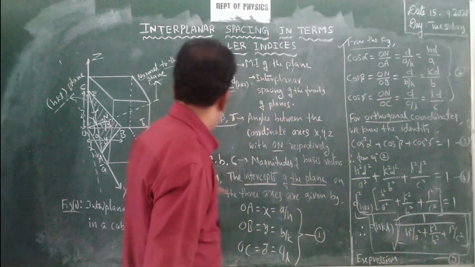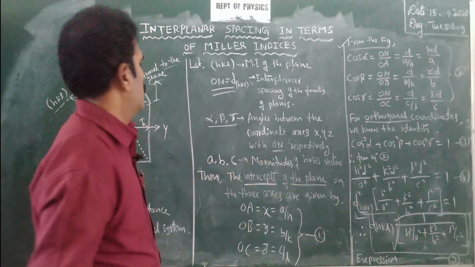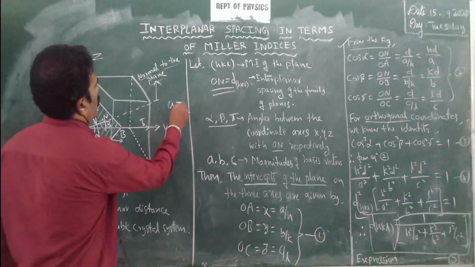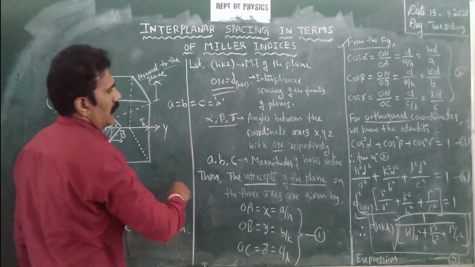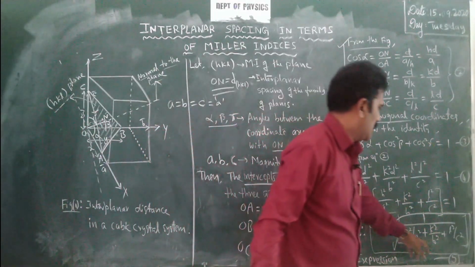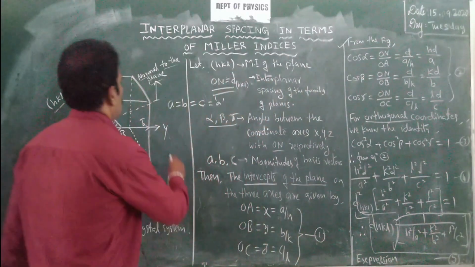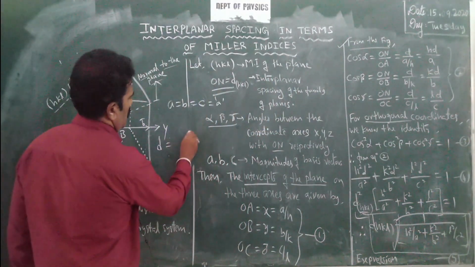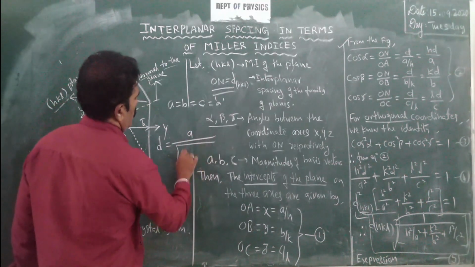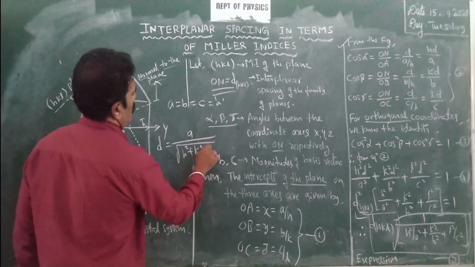Particularly for cubic, we can simplify the equation, because for cubic a is equal to b, b is equal to c, you can just take it as simply a. If you substitute all denominators a, b, c as a only, then you will get the expression for the interplanar spacing as just a divided by the square root of h square plus k square plus l square.